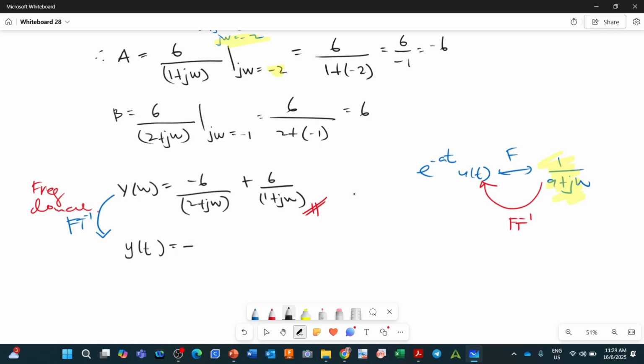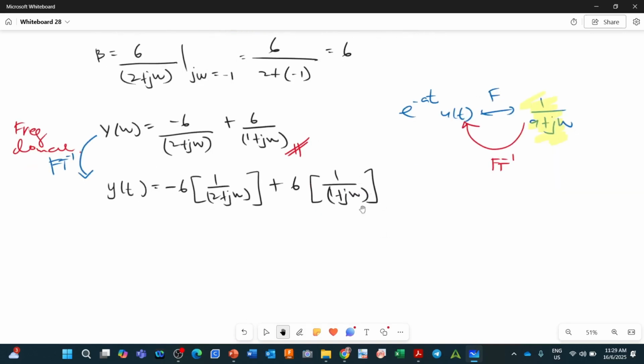Same way how you do it. If you get confused, then take out minus 6 first in front: 1 over 2 plus j omega plus 6 over 1 plus j omega. I'm doing this step by step so that you don't get confused, but if you don't need to take it out, then it's okay. Just directly convert it to time domain. Now this equation is similar to the Fourier transform table.